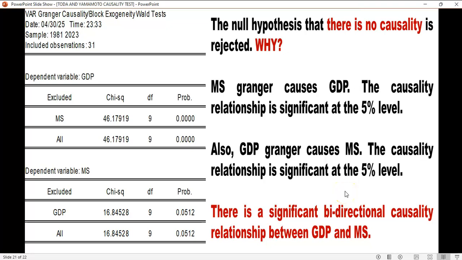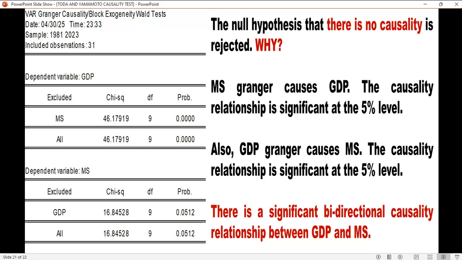Now, what do we say? We now say that there is a significant bidirectional causality relationship between GDP and money supply. In other words, we can now say that money supply significantly predicts GDP, and also GDP significantly predicts money supply.